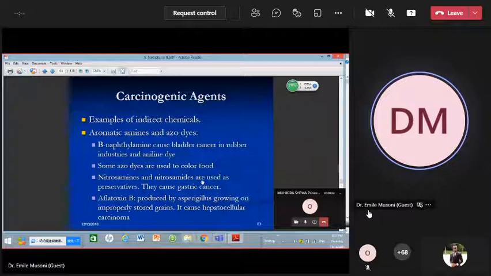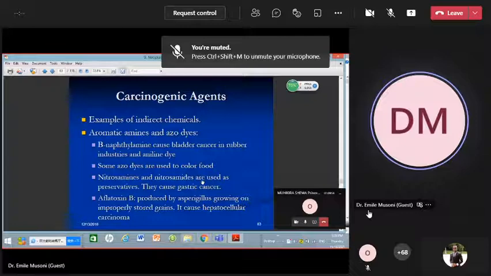Examples of indirect chemicals: aromatic amines and azo dyes. For example, naphthylamine causes bladder cancer in the rubber industries, and the aniline dyes. Some other dyes are used to color some foods. Nitrosamines are used as preservatives. Those can cause gastric cancer.